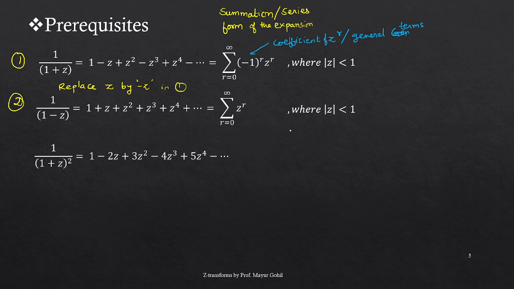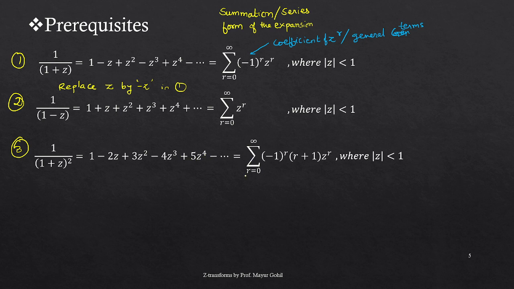Now the next expansion is this, along with the condition that we need to remember. Here, it is 1 upon 1 plus z the whole square, 1 minus 2z plus 3z square minus 4z cube plus 5z raised to 4 minus and so on.